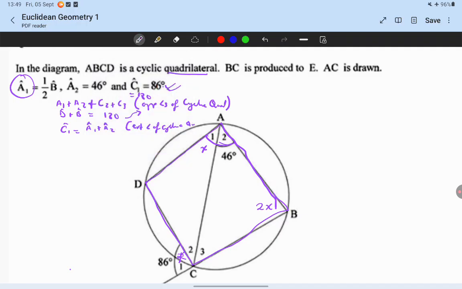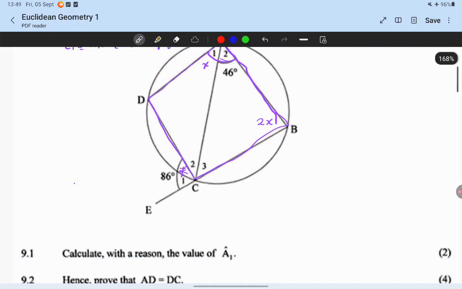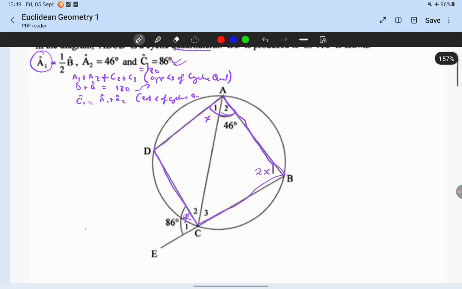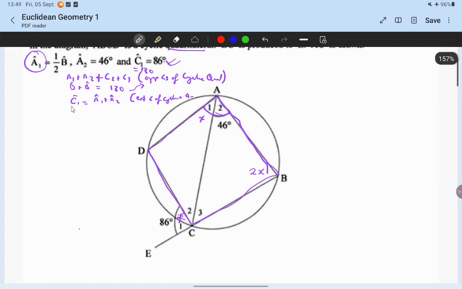What are the questions? The first question says, calculate with the reasons the value of A1. So let's go back here. You can see that our A1 is in this equation, right? A1 is the only one that is unknown, while A2 is known and C1 is known, right?